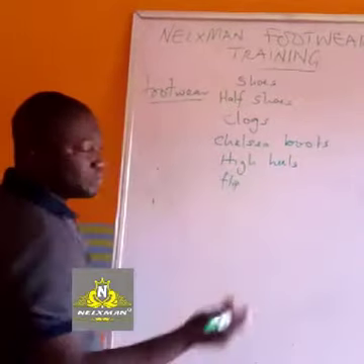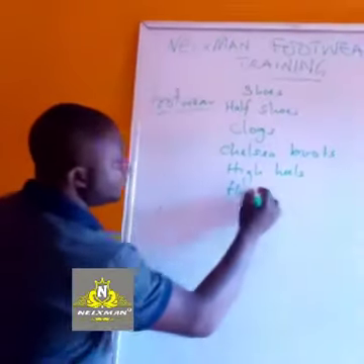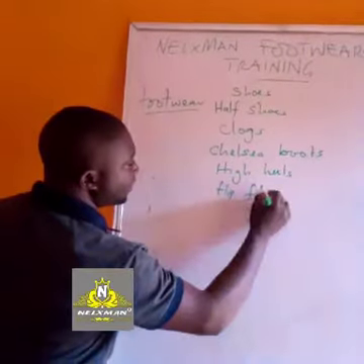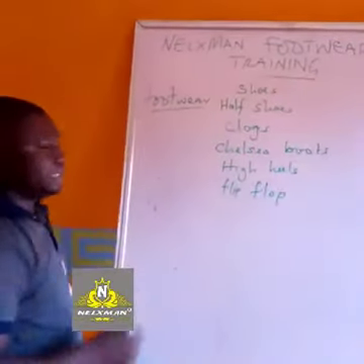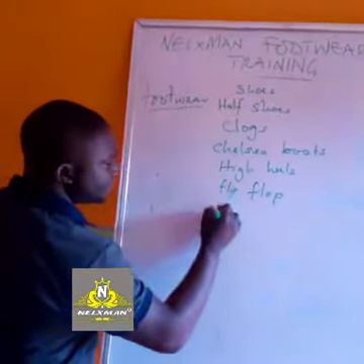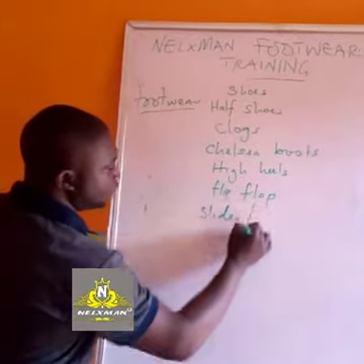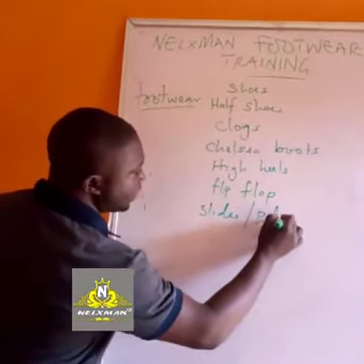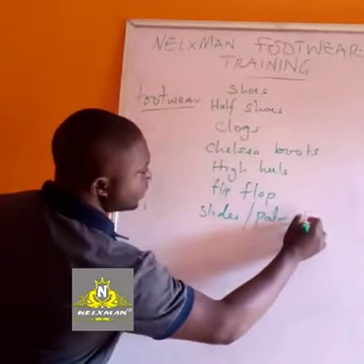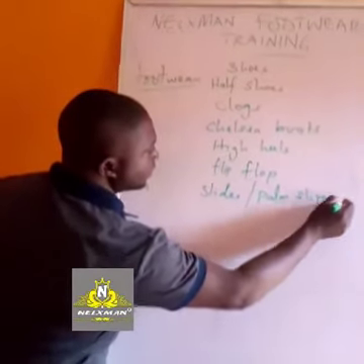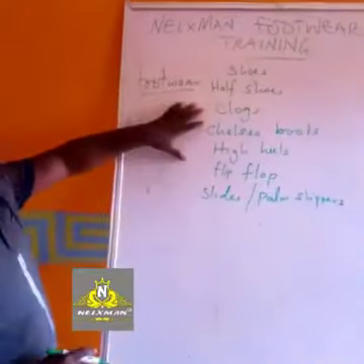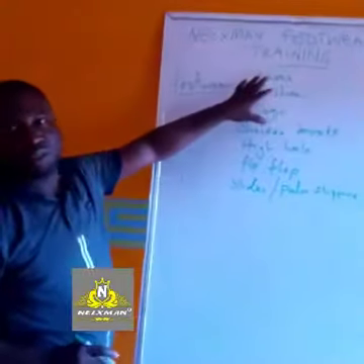That is the normal slippers you call bedroom slippers. That is flip flop. You understand now? It can be palm slippers. That is slides. We call it palm slippers here. So you have to note this. You make footwear. You understand?